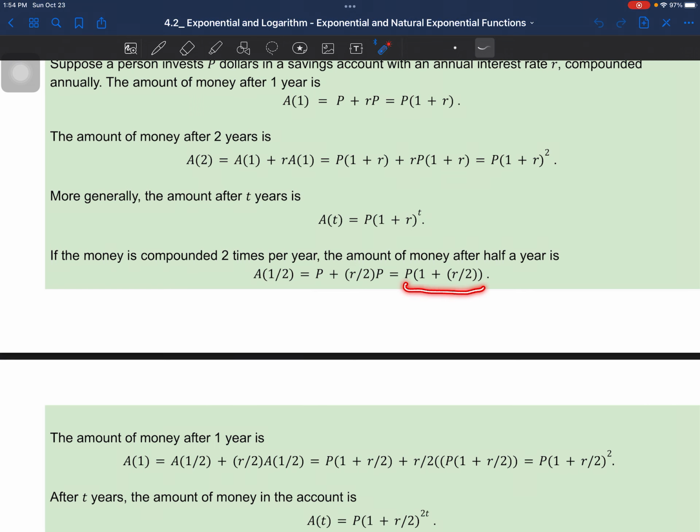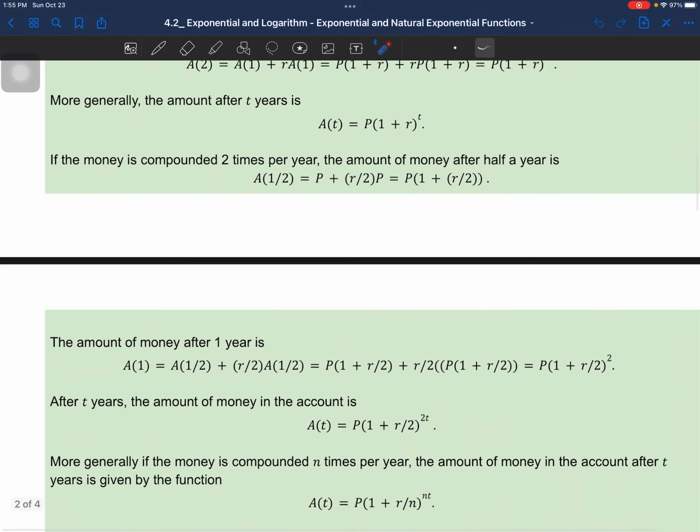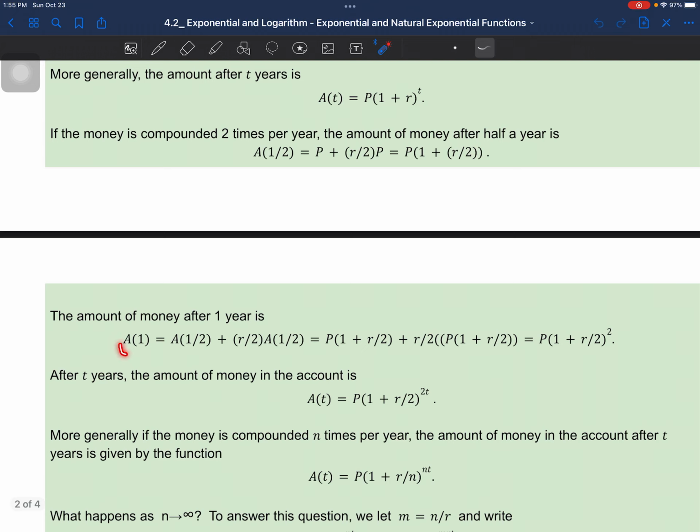So you have your principal plus half of the rate times your principal, right? And that's gonna be 1 period, right? And if you factor p, then you're left with this. To complete the entire year, when t equals 1, it'll be the amount you generate in the first half of the year plus how much you're gonna generate the second half of the year, right? So it will be the same thing, another half of the interest rate times how much you have now in your account.